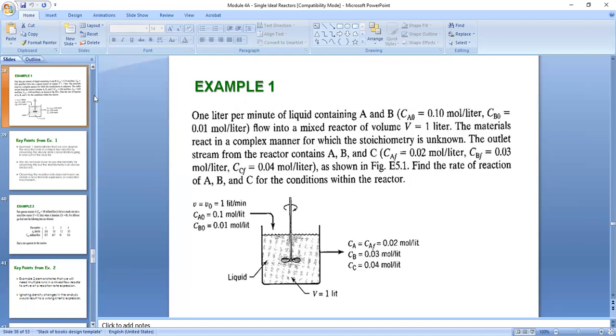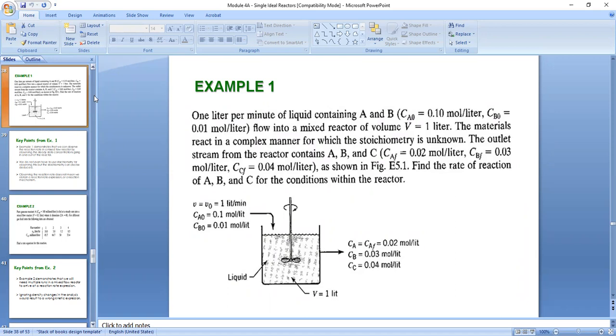The materials react in a complex manner for which the stoichiometry is unknown. So we are not provided with the stoichiometric equation or the chemical reaction. The outlet stream from the reactor contains A, B, and C with the concentrations indicated. So for A, you have 0.02 mole per liter left. For B, you have 0.03 mole per liter left.